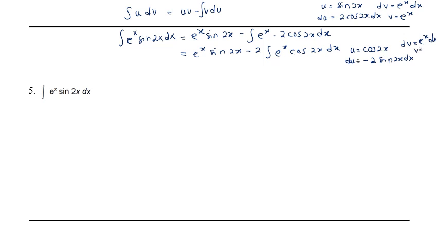So, our v is exponent x. So, masuk balik dalam ni: exponent x sin 2x minus 2, ni sebab kurungan. So, uv, so exponent x cos 2x minus integrate v exponent x du, didarabkan negatif 2 sin 2x dx. Okay, tutup kurungan. Okay, simplify.